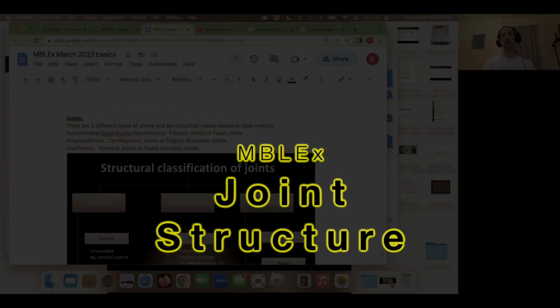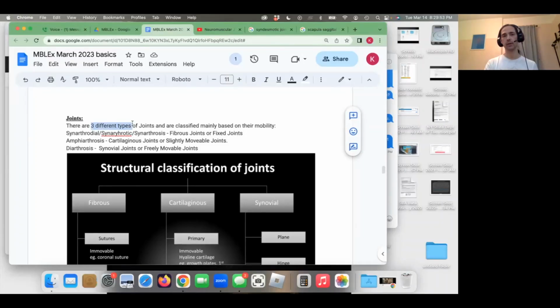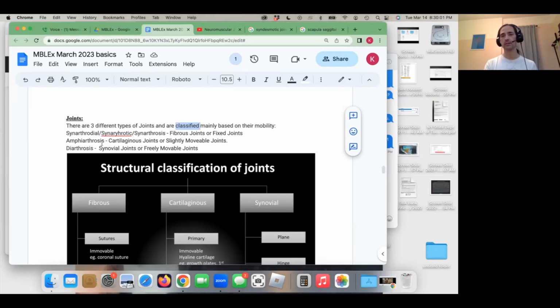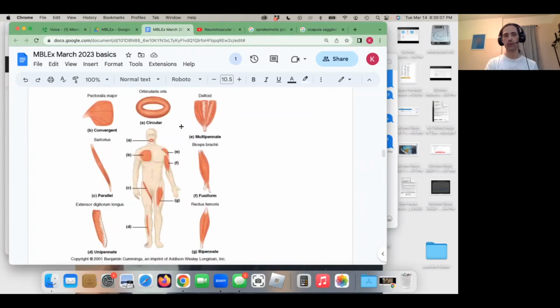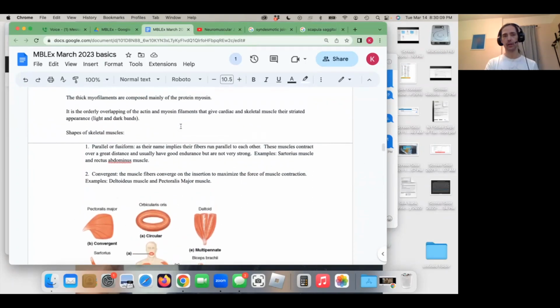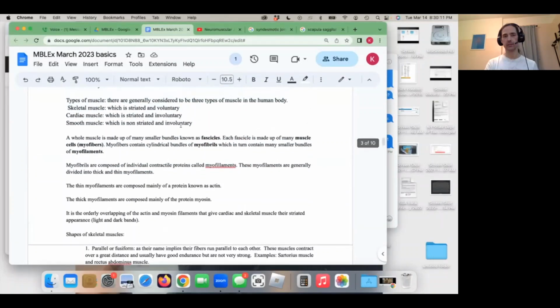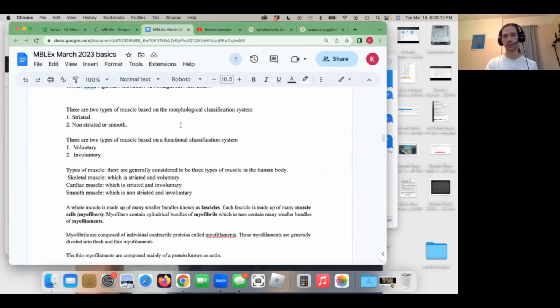So joints are classified in one of 3 ways. And I want you to keep this word in mind, classified, because part of the confusion around what we study is that we classify things in more than one way.